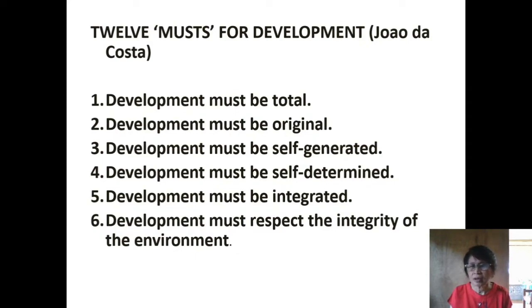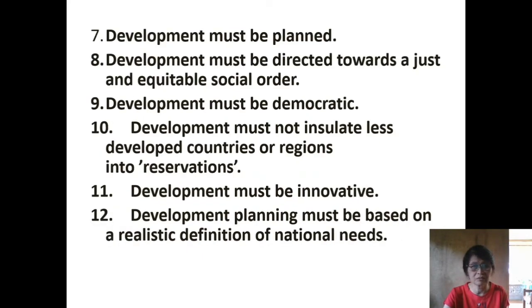Why can't we just make it what is natural? Natural is beautiful. So we must respect the integrity of the environment so that the environment will not be the one to tell us, the voice of the voiceless. Right? When there is a flood, everything bad we have done, the garbage we have thrown, will return back to us because we have not respected the integrity of the environment.